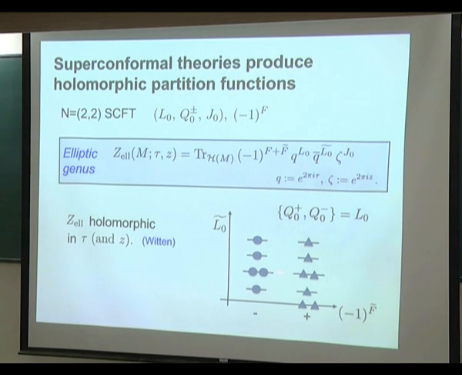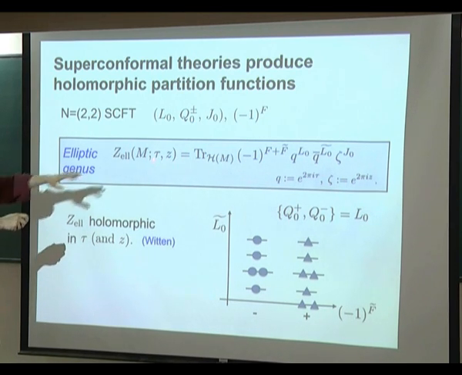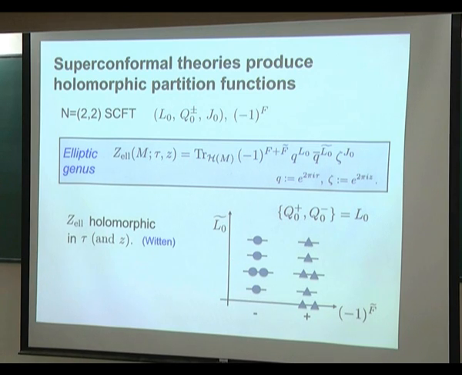But whenever L0 tilde is greater than 0, there are two states which contribute to that with opposite values of (-1)^F. So there's no contribution. So that means that this object is independent of tau bar. So this means that this is holomorphic in tau. This argument goes back to Witten, and this is used again and again. So what we find is some holomorphic function of tau and z. Okay, any questions?